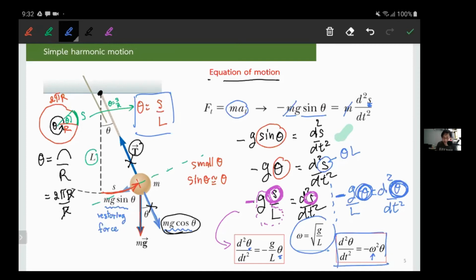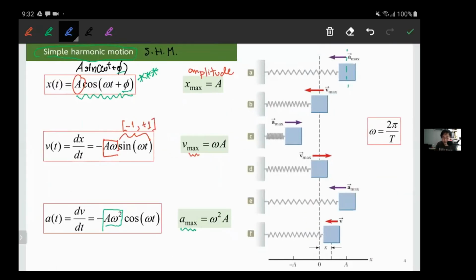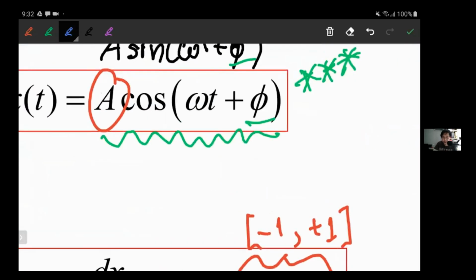One more time: the reason we name this omega is not just for naming, it actually has a physical meaning attached to it. The omega is the angular frequency of these movements, because omega shows up in your solution right here. So it tells you how quickly the stuff is oscillating. Omega gives you the frequency of that periodic motion.